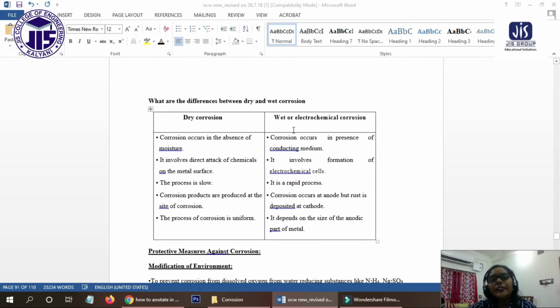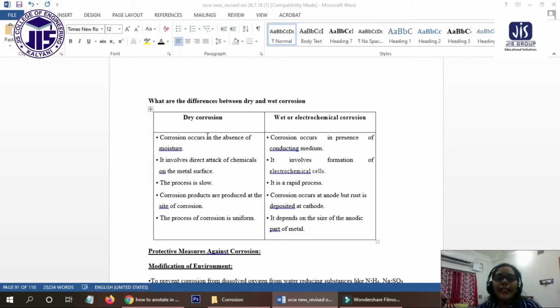So what are the differences between dry corrosion and wet corrosion? The first difference is that dry corrosion takes place in the absence of moisture, in the absence of water molecules, and wet corrosion takes place in the presence of water molecules.